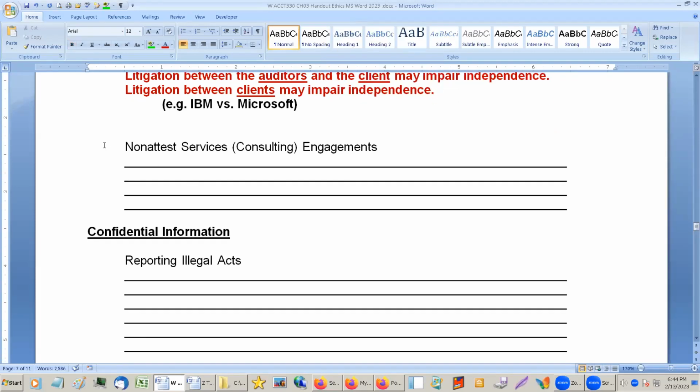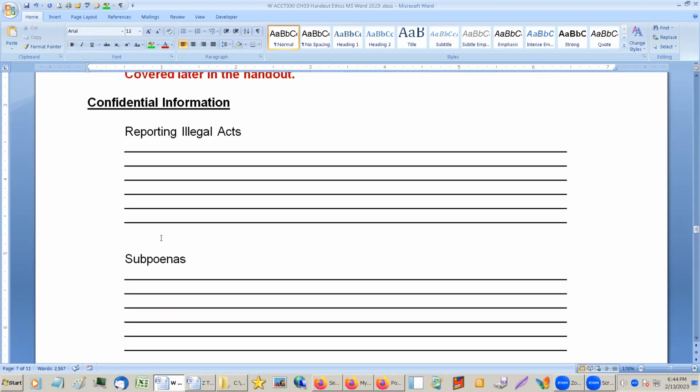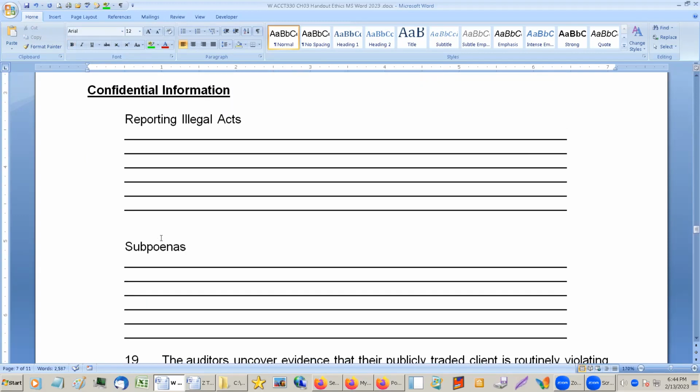I am going to cover this later. Every time I look at this handout, I think I'm taking this one out because I cover it more later on. Did we already do reporting illegal acts?